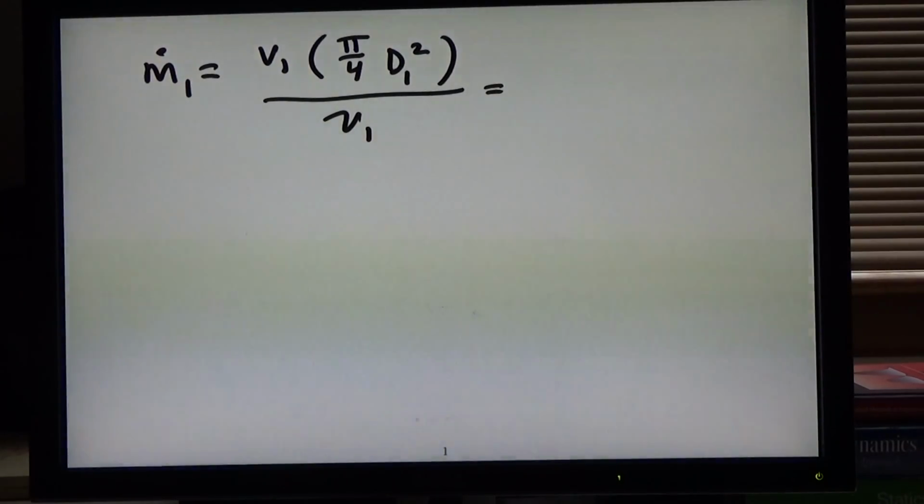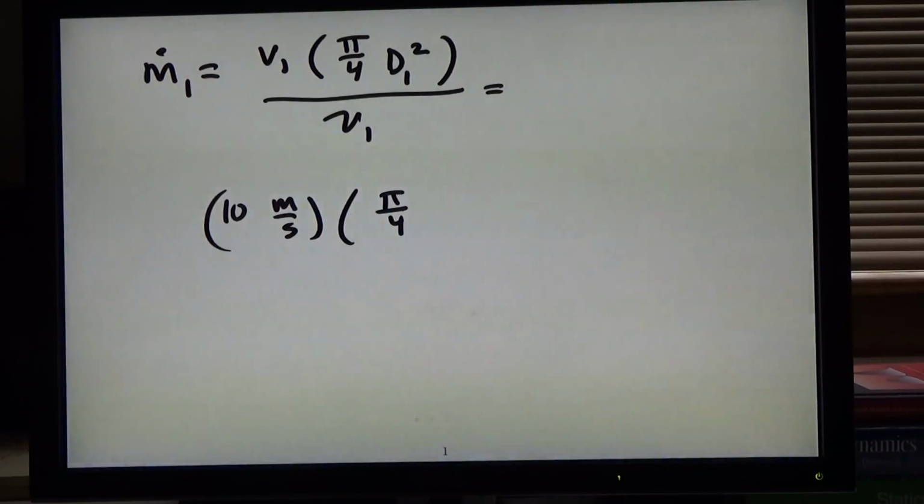So our velocity at the inlet was 10 meters per second. I'm going to put this on a new line. So we have 10 meters per second times pi over 4, that's unitless, and then multiplied by our diameter 1 squared. The diameter of the inlet was 0.1 meters, and then we need to square that.